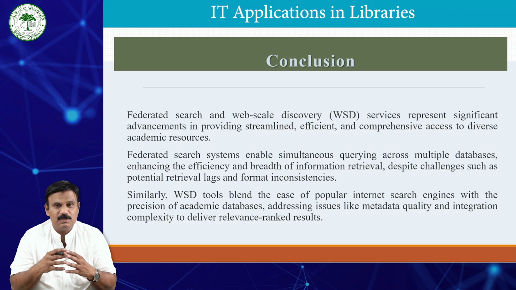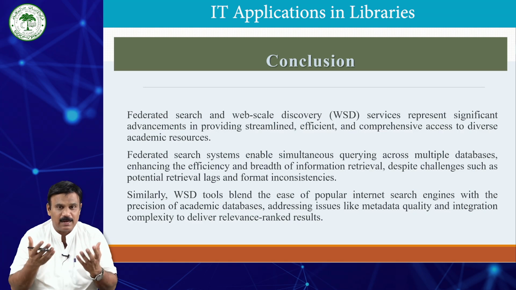In web scale discovery, there are pre-built indexes of all the sources, so results are in a single central database. Federated search results can be difficult to deduplicate, merge, and rank, but web scale discovery's pre-built index makes it easier to deduplicate and rank the results.